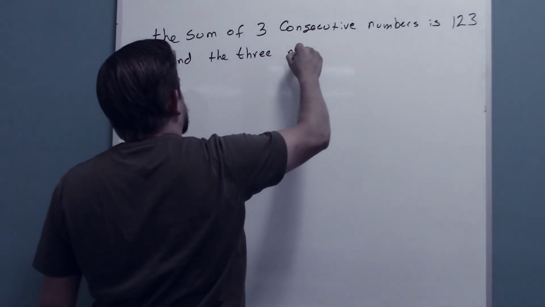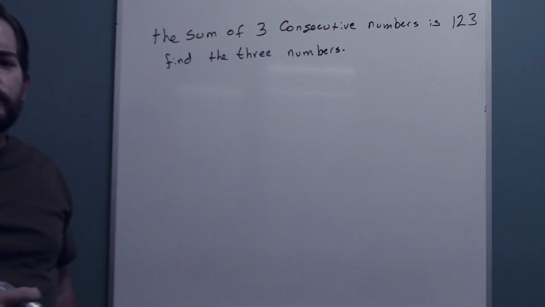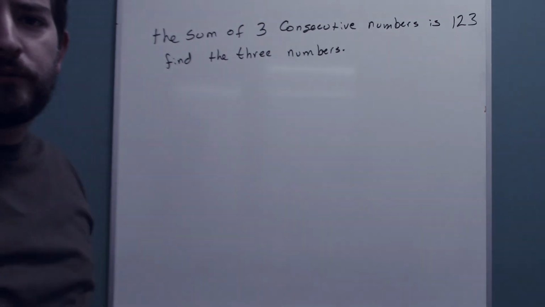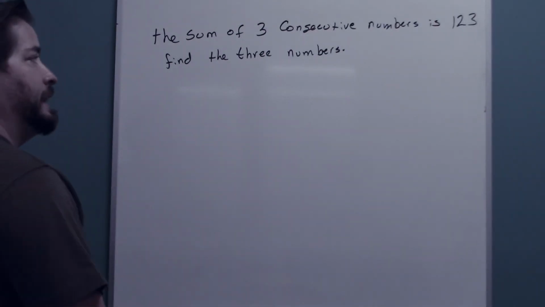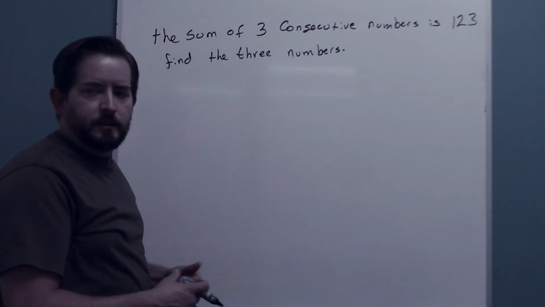Find the 3 numbers. Okay. So I have 3 unknowns here. I have 3 different numbers. I don't know what they are, but I'm adding them together, right? But I do know a little bit more than just 3 random numbers.